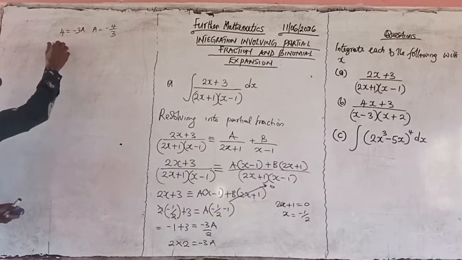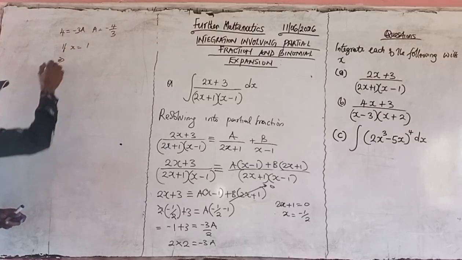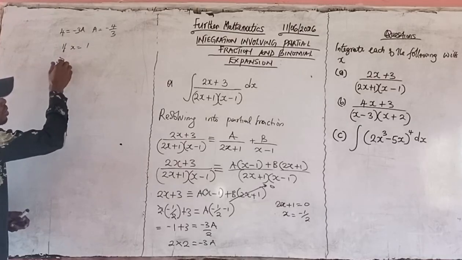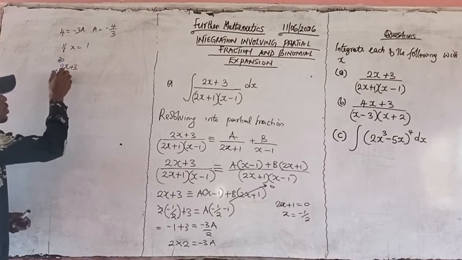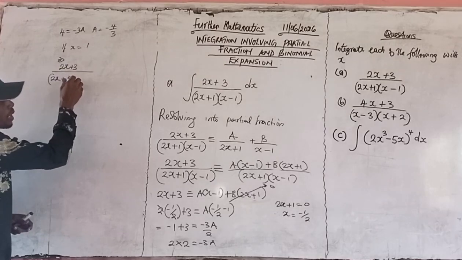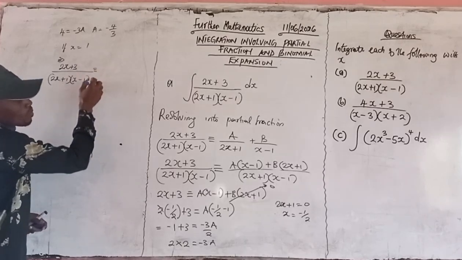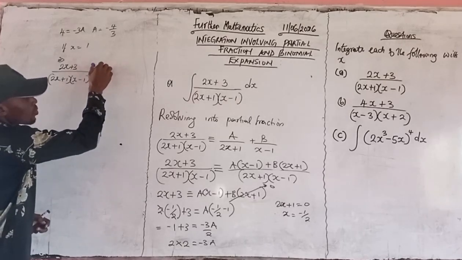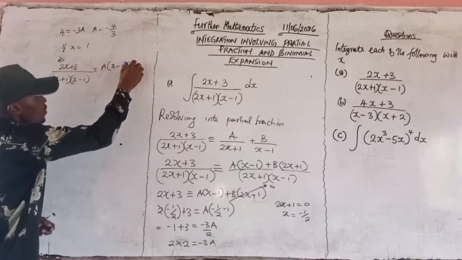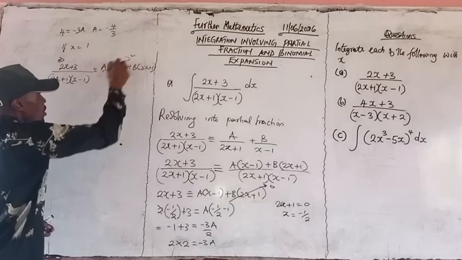Therefore, if x is equal to 1, this expression, 2x plus 3 all over (2x plus 1)(x minus 1), which is equivalent to A(x minus 1) plus B(2x plus 1), becomes such that the A term tends to 0, of course.